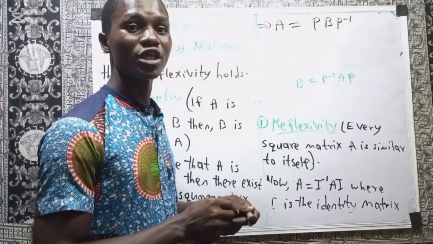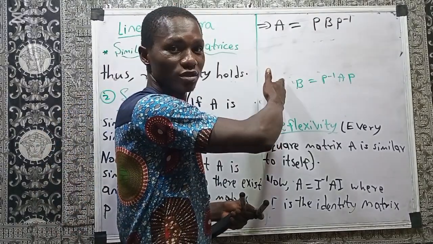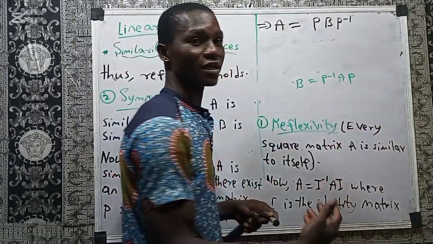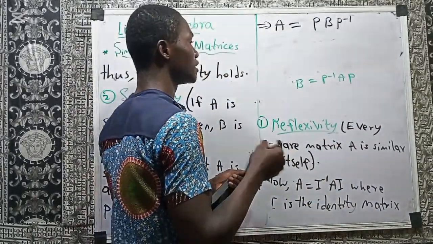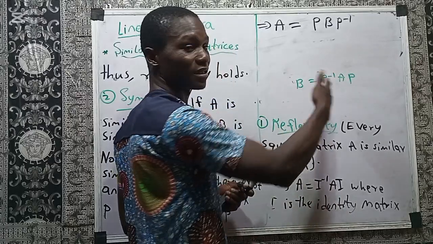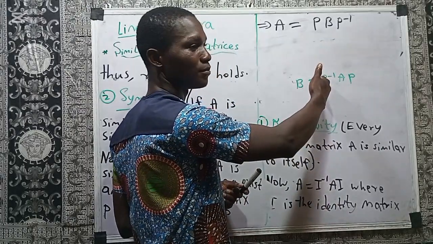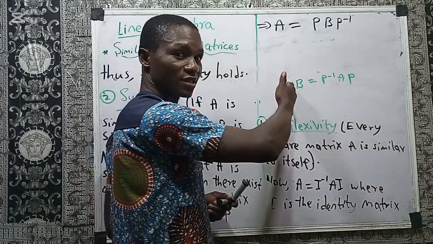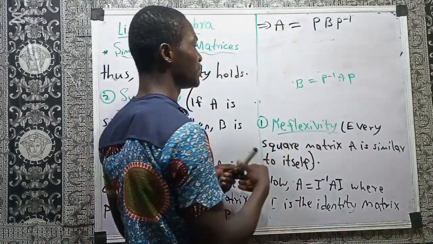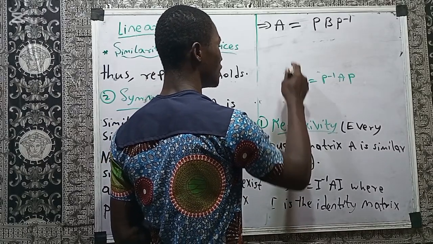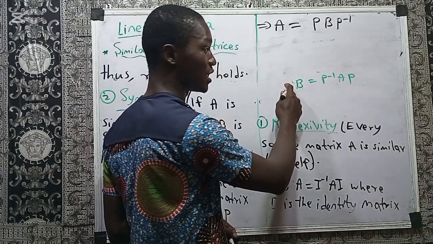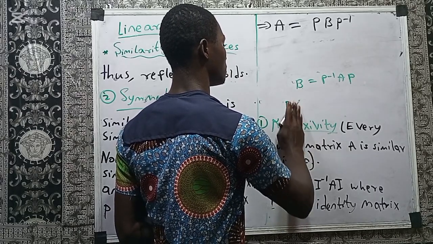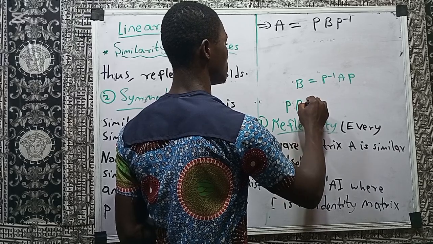Now, multiply each side at the left by P and at the right by P inverse. What are you going to get? At the left by P and at the right by P inverse, you are going to have P B P inverse.